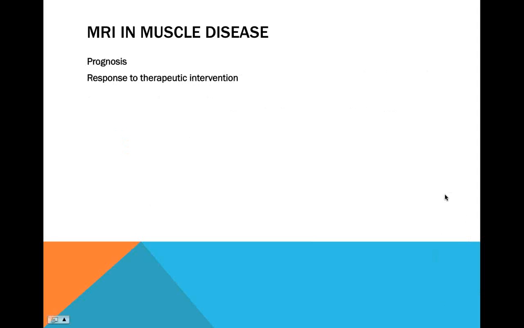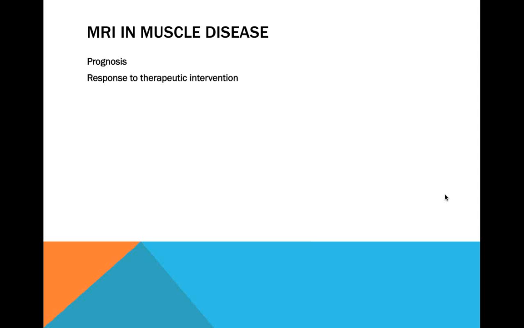So talking about other uses of MRI in muscle disease, we hope that you can potentially talk about prognosis, meaning that when you look at it from a diagnostic perspective, you could basically follow it over time and see what the level of change is and how quickly things are changing, and potentially come up with a prognosis, although that's not been clearly identified in the literature, but hopefully in the next few years it will be, once the reads are standardized and more people have muscle MRIs.